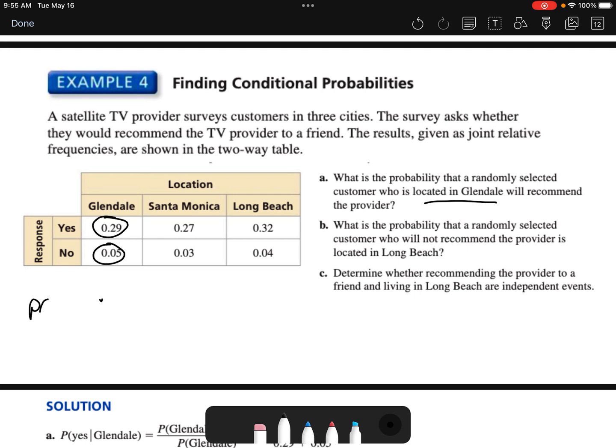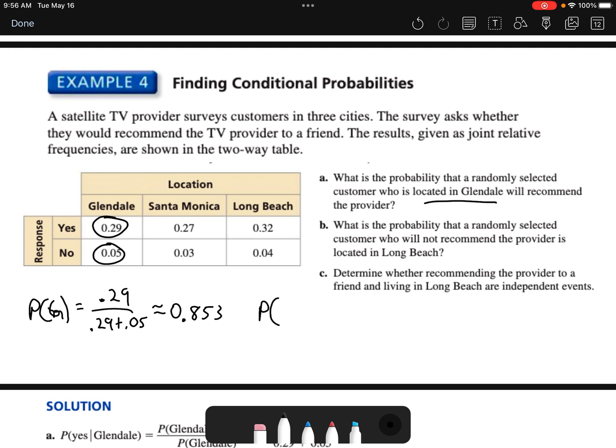It'd be 0.29 over 0.29 plus 0.05, because the total would be 0.34, and that's 0.853. So 85% of Glendale residents would recommend the TV provider that we're talking about.